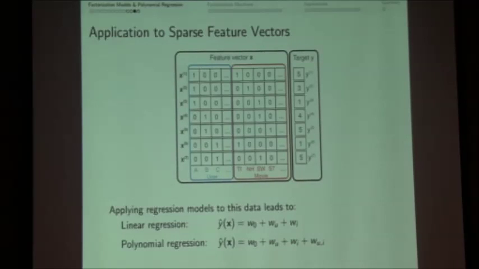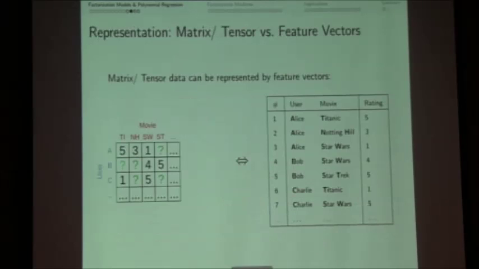it from your data. Because for this particular variable, you now have p square many variables. So if you want to estimate, for example, let's go back to this example, you would have a parameter for Alice and Titanic, a parameter for Alice and Nottingham, one parameter for Alice and Star Trek, and so on.